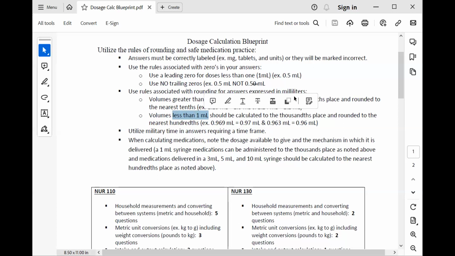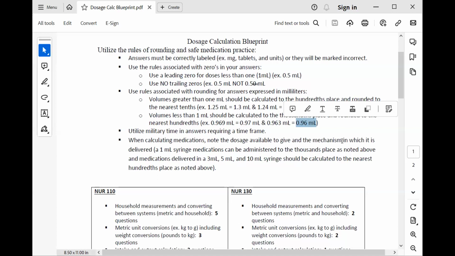Like 0.5, you don't need to worry about going to the thousandths place. But if you get something like 0.969, you can round that to 0.97. And if it's 0.963, you just leave it at 0.96. The reason is that you are trying to give yourself as precise an answer as possible.